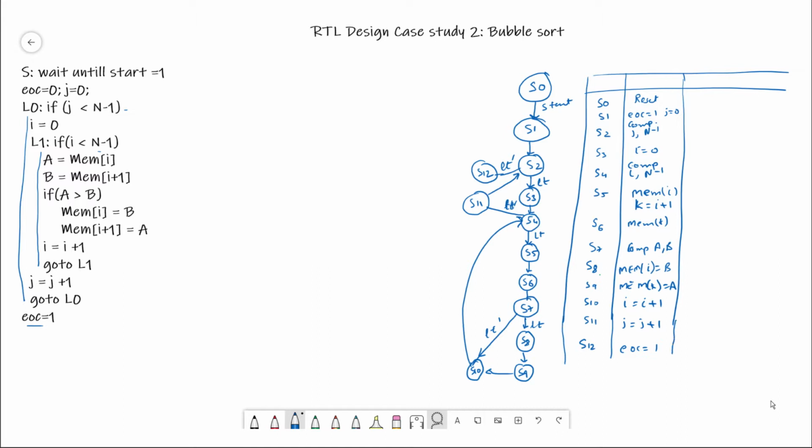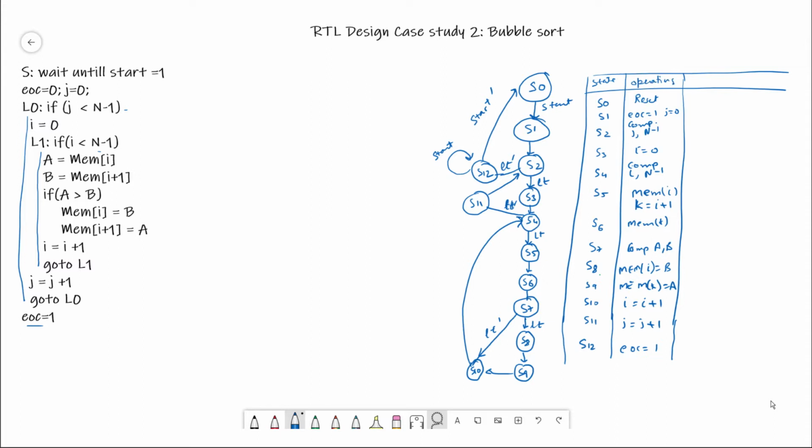So from S12, if start is still there, then it will remain in S12 state, and if start has become 0, then it will go back to S0 state. So this is how the state diagram would look like, and these are the various interpretations of different states. So this is state, and this is basically the interpretation and what data operations are being performed.